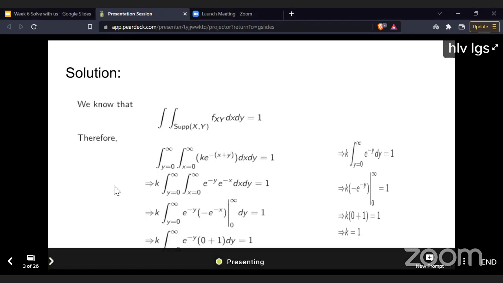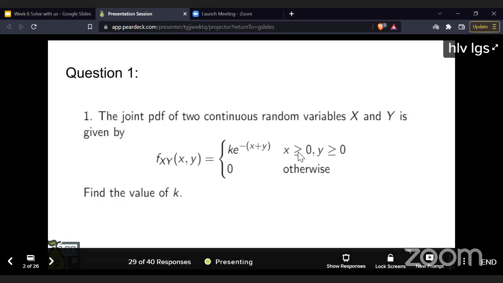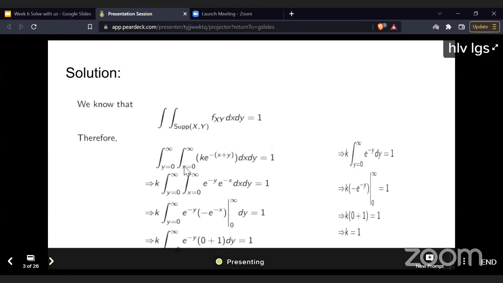So you could see the range here is x greater than or equal to 0, y greater than or equal to 0, right? So x is varying from 0 to infinity and y is varying from 0 to infinity. So we will integrate our fxy dx dy where x is varying from 0 to infinity and y is varying from 0 to infinity.